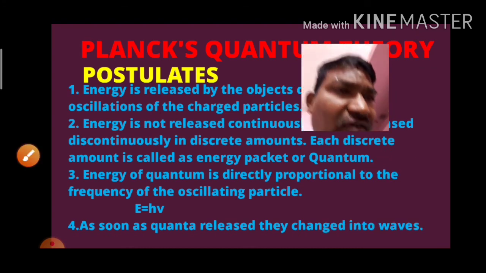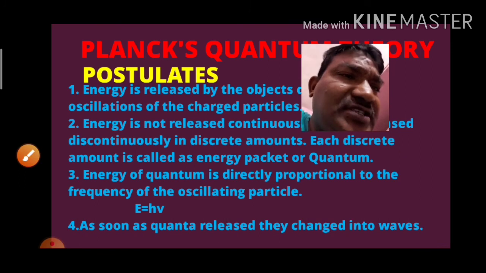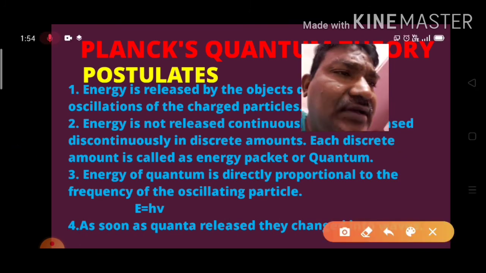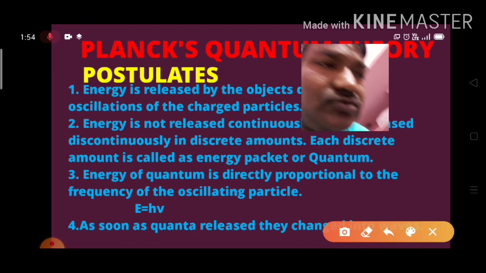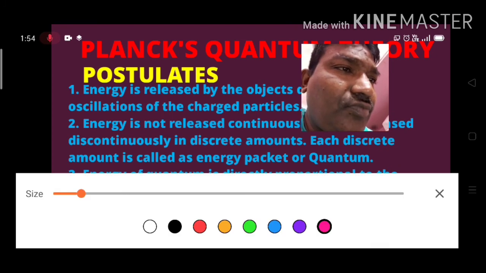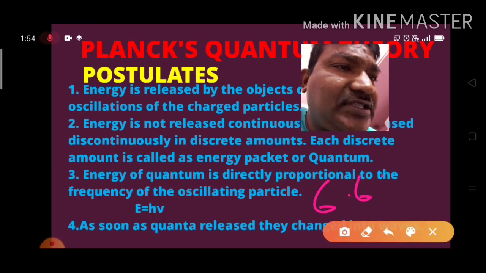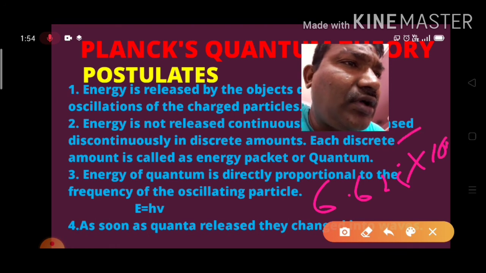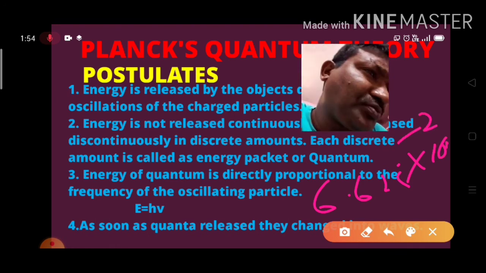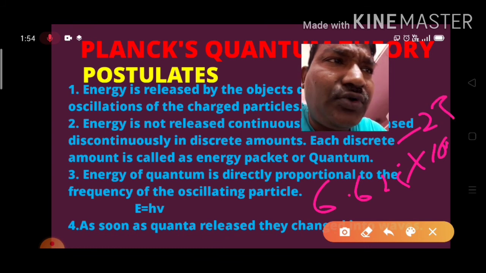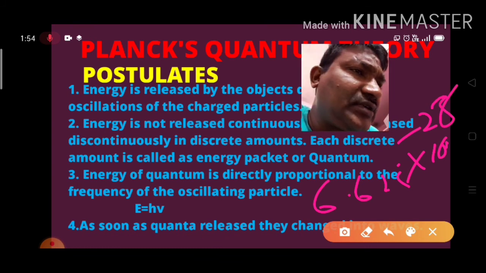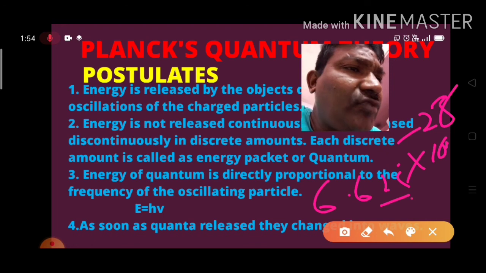And the value of the Planck's constant is 6.625 into 10 to the power of minus 27 erg into second.